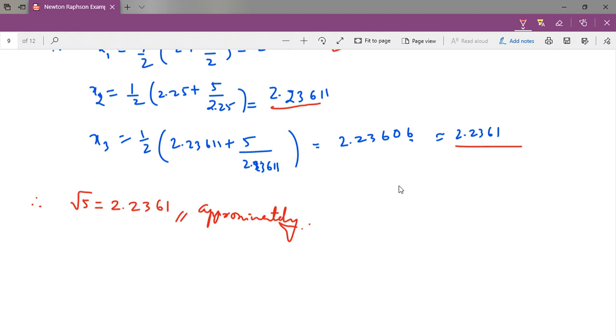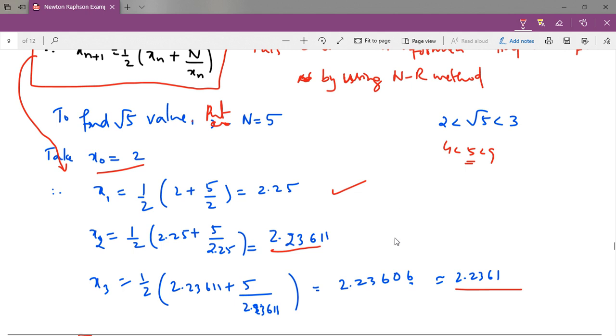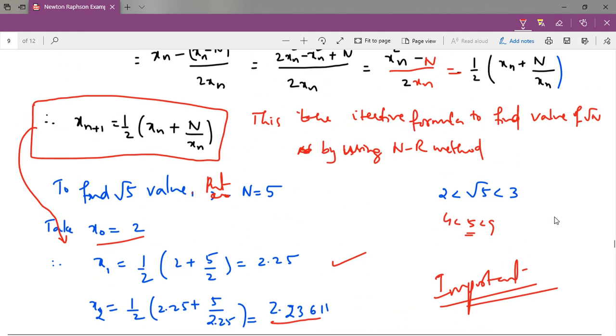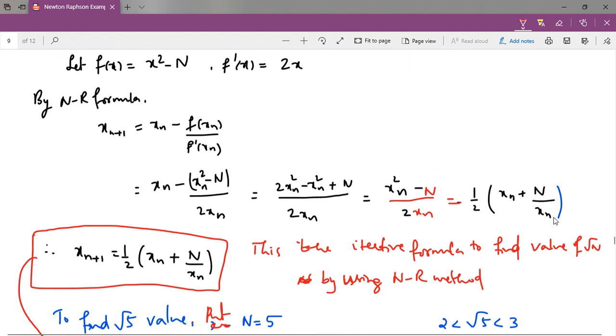So this is a very important problem. Carefully practice this problem. Okay. So this has been asked in the previous semester examination.